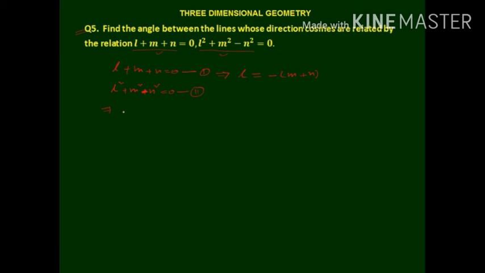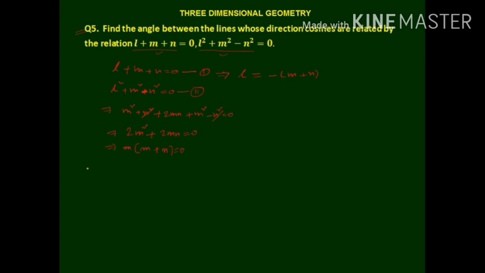Then I'll get M square plus 2MN, plus M square minus N square equal to 0. N square and N square will get cut, so you'll get 2M square plus 2MN equal to 0. Then 2 can be cut and M can be taken common, so you'll get M times M plus N equal to 0.